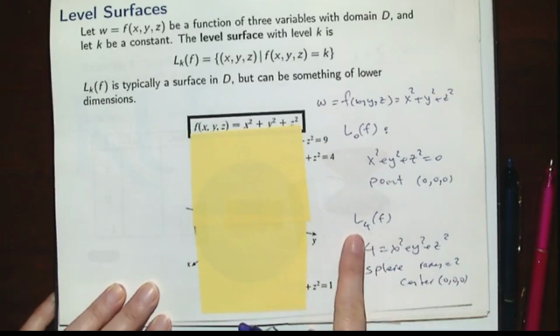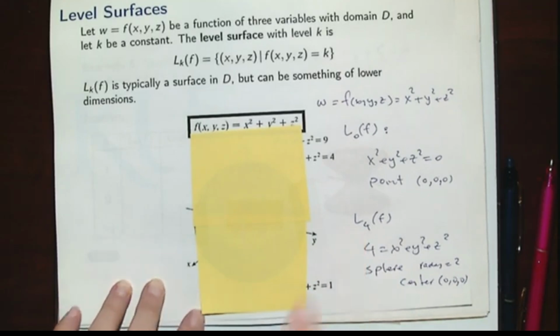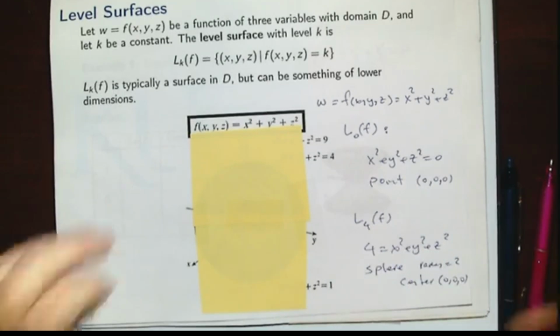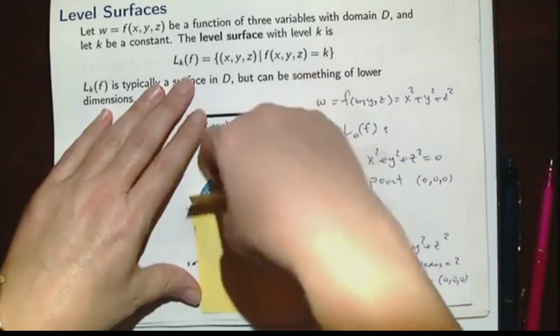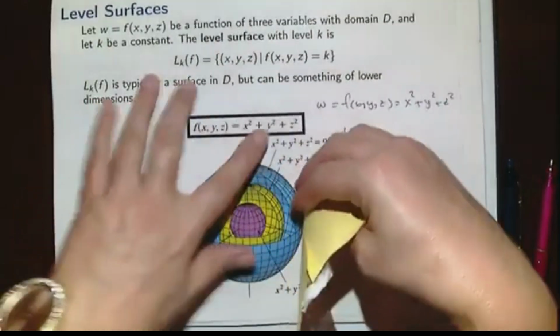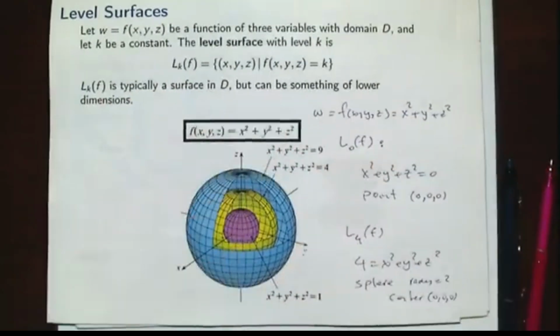Can I find L negative? No. But if I set bigger and bigger k, does the sphere get bigger or smaller? Bigger, right? And that's the picture.